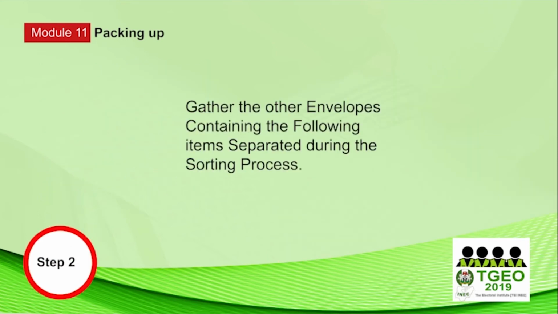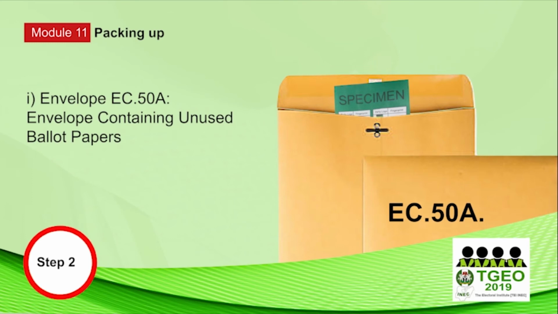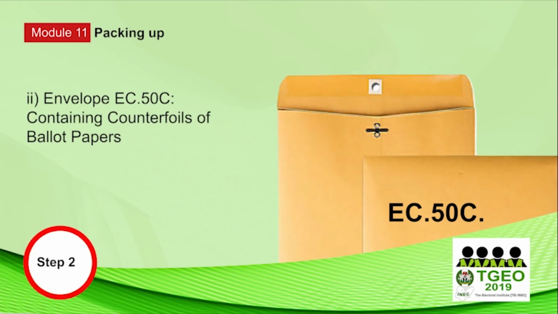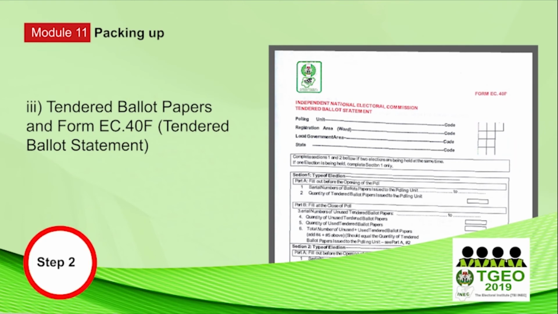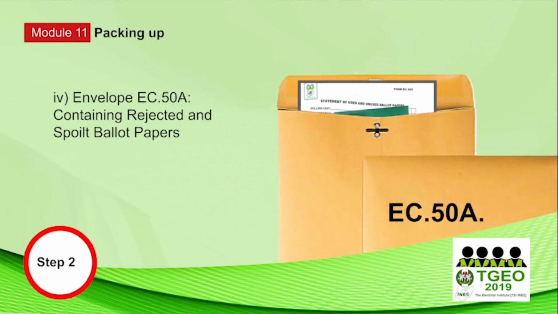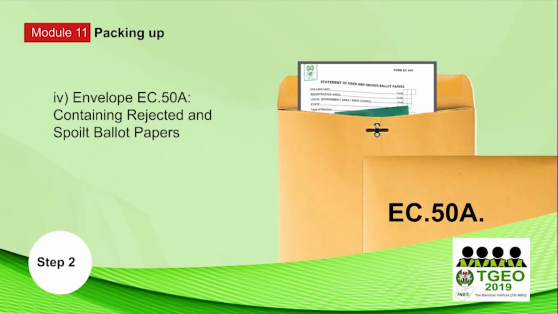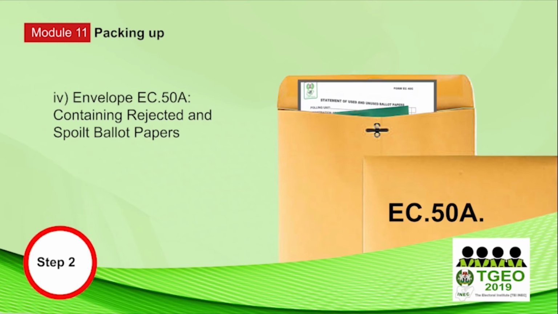Step 2. Gather the other envelopes containing the following items separated during the sorting process. 1. Envelope EC50A. Envelope containing unused ballot papers. 2. Envelope EC50C. Containing counterfoils of ballot papers. 3. Tendered ballot papers and Form EC40F. Tendered ballot statement. 4. Envelope EC50A. Containing rejected and spoiled ballot papers.